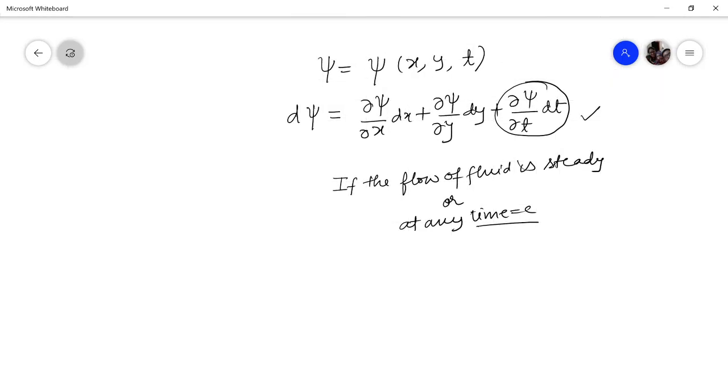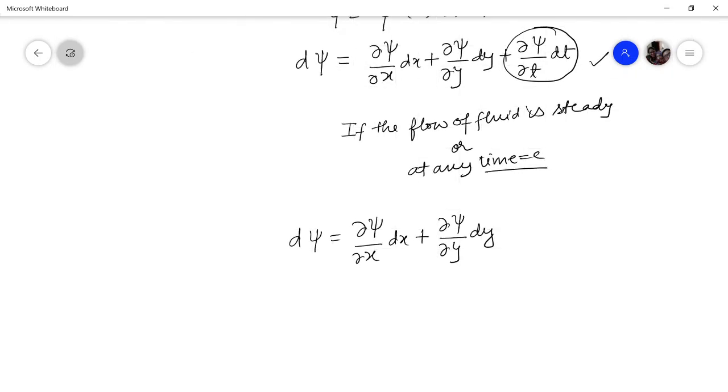So in both the cases, this equation gets simply reduced to del psi by del x dx plus del psi by del y dy. Now how have we defined these? Del psi by del x was minus v and del psi by del y was u.